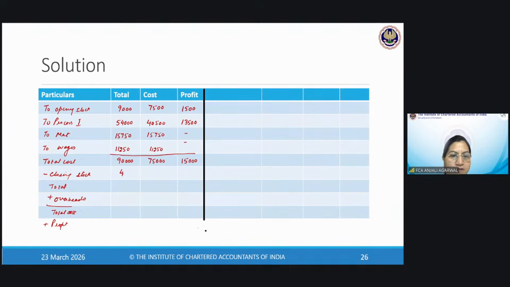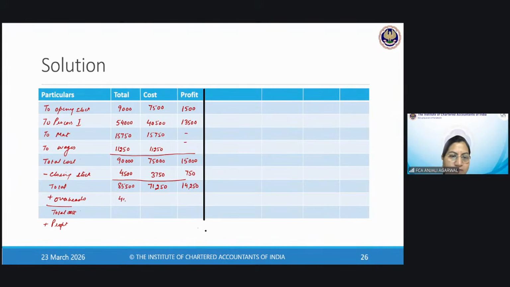Now you have a closing stock of 4,500. What is the proportion of 4,500 to 90,000? It is 5%. So apply the 5% to 7,500 also and 5% to 15,000 also. So trying to move 85,500 worth of goods whose cost is 71,250 and which has a profit of 14,250.